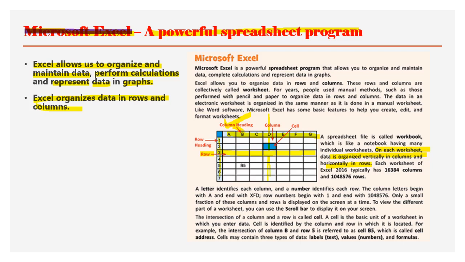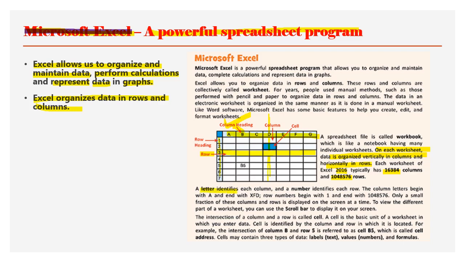Each worksheet of Excel 2016 or the later version 2019 has 16,384 columns and 10,48,576 rows. So this many rows and columns are there in a single worksheet, and you can add many sheets.